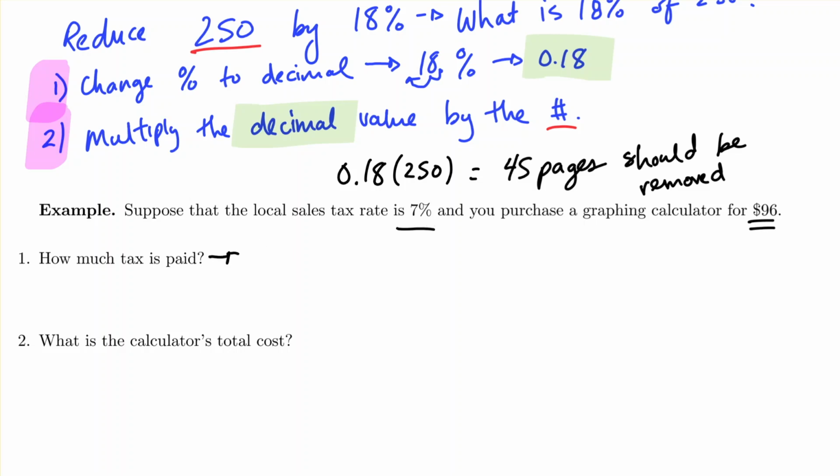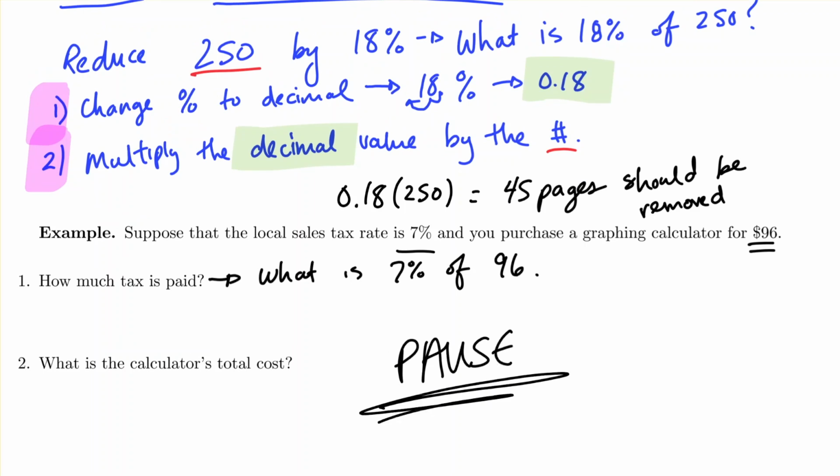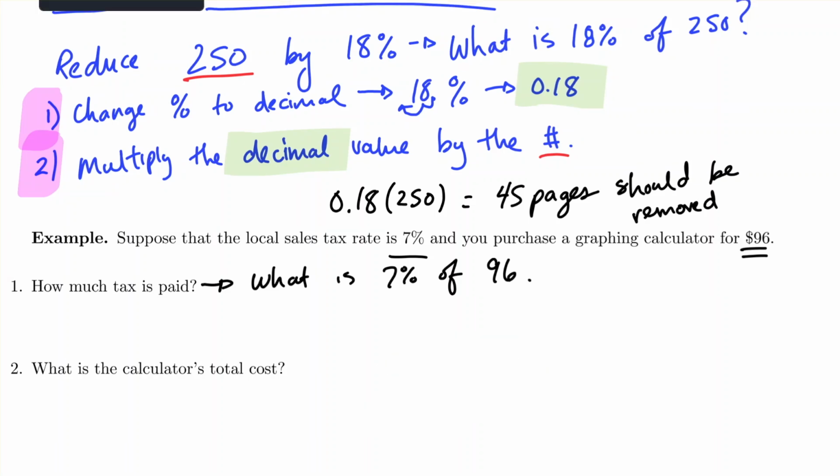To find the amount of taxes paid, we want to know what is 7% of 96. So this follows a process that we've done above. To help you practice, I encourage you to pause now and attempt this on your own, and then unpause and I'll go through the solution so you can verify. So we first change the percent to a decimal. 7%. We would change that to a decimal by noting the decimal place to the right of the last listed digit.